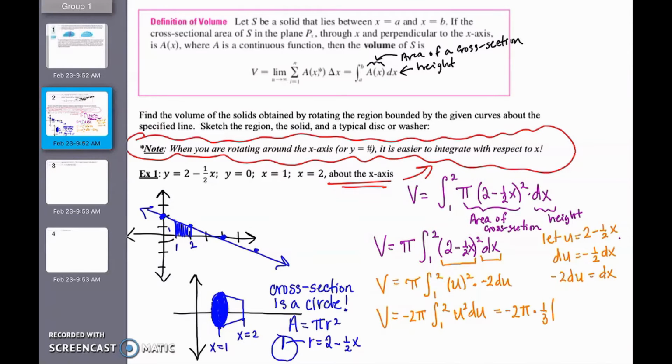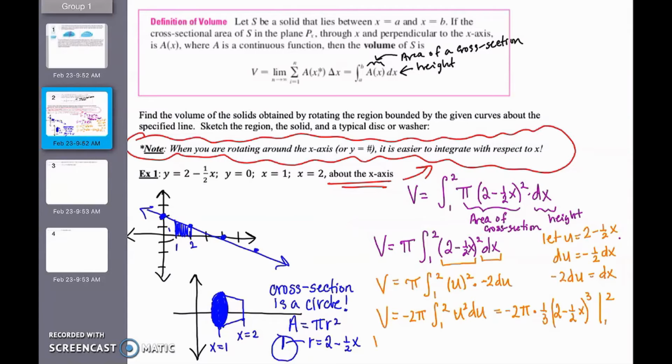So just for the sake of simplicity, I'm going to plug my u back in, which is 2 minus 1/2 x, cubed. Okay, that evaluated on the interval from 1 to 2. At this point, we're just going to use the fundamental theorem of calculus and evaluate, right?